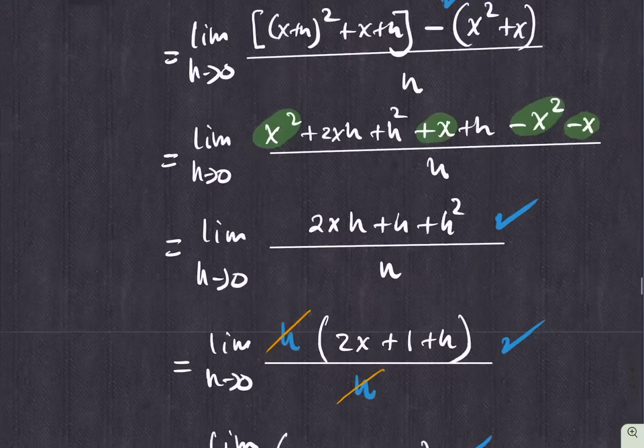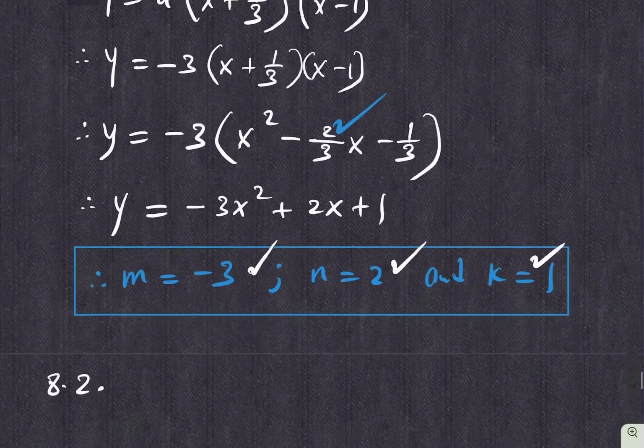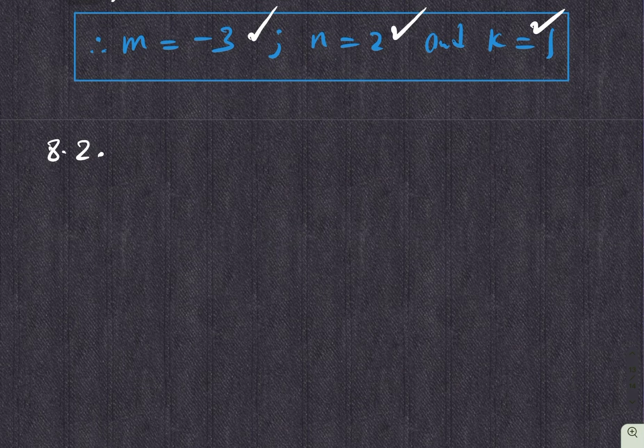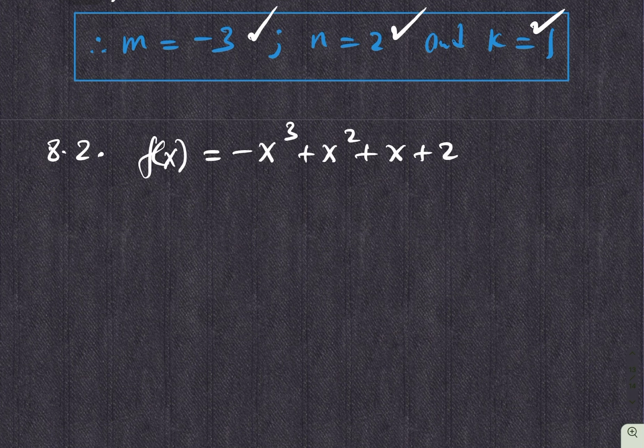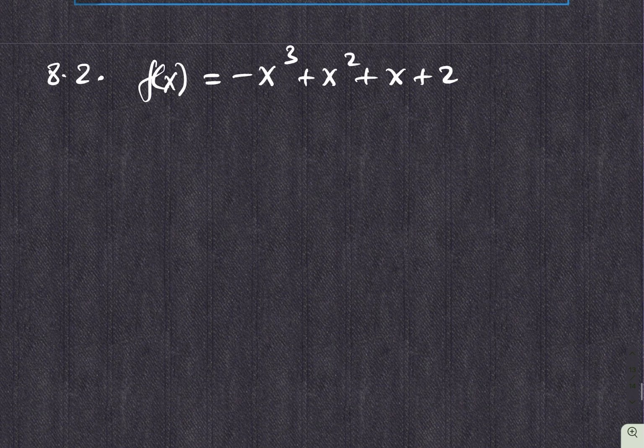Okay, we are halfway done, guys. So they give you f of x, negative x cubed plus x squared plus x plus 2. You know, so the x of the turning points of these are x equals -1/3 and x equals 1.